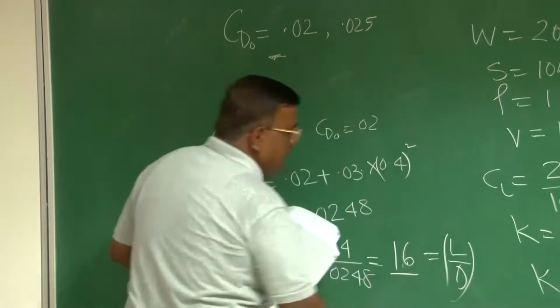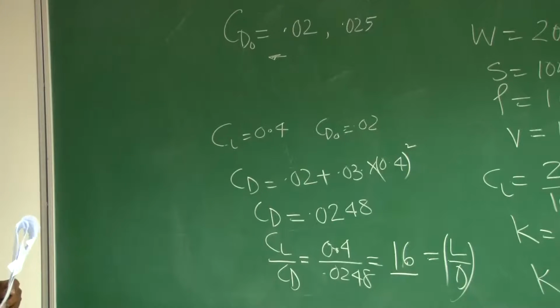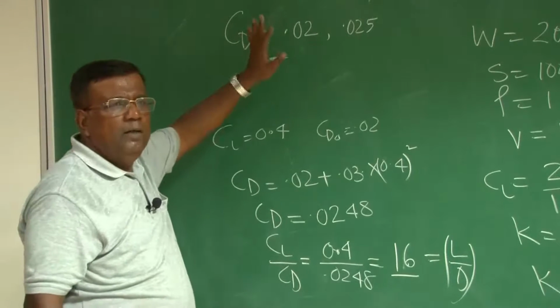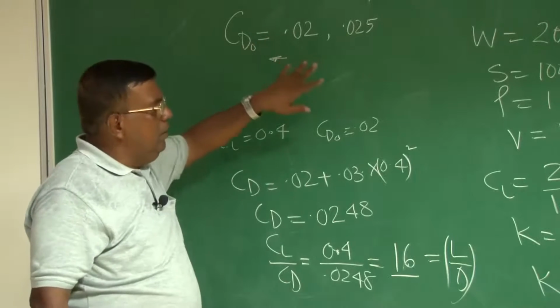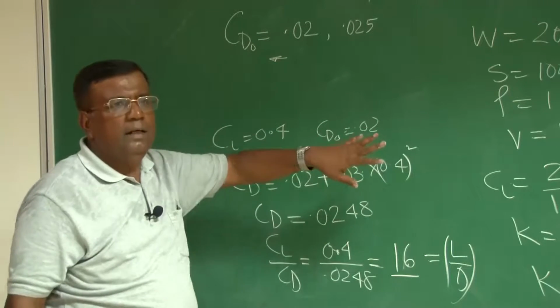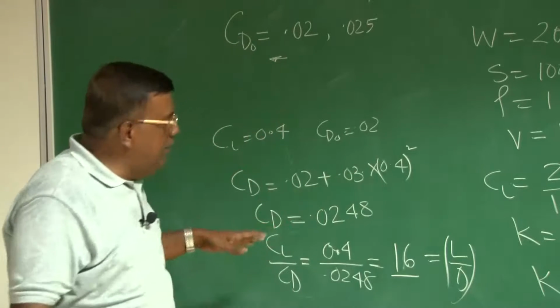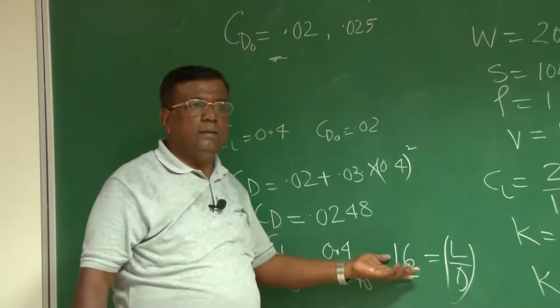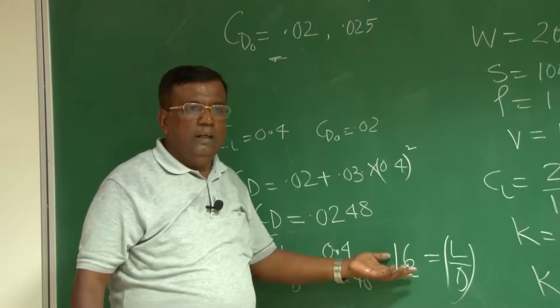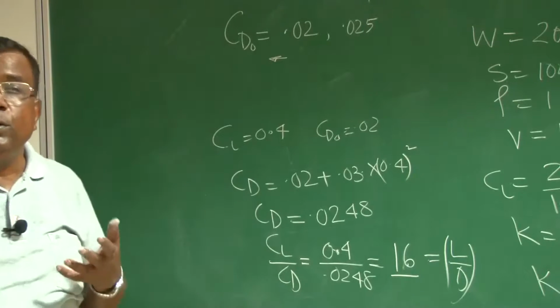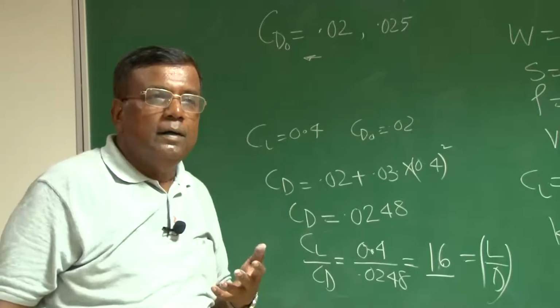What is the message? The message is, you take historic numbers, which are generic numbers, 0.02 order of magnitude, and all these are very historic numbers, and you find that L by D comes to around 16. So if I am an ambitious designer, what should I do?